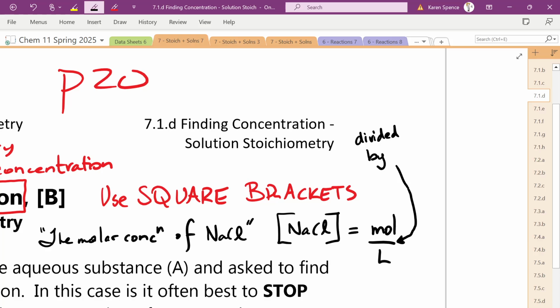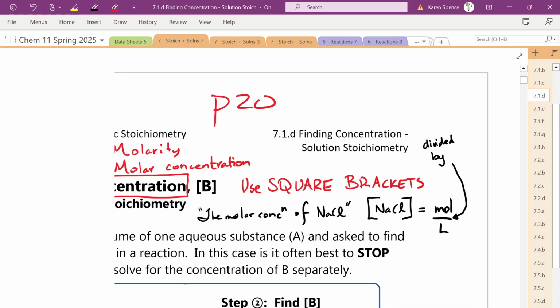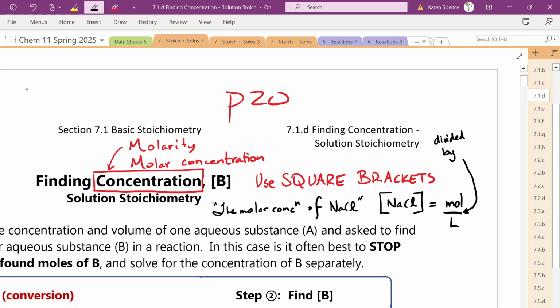Now, if we remember about stoichiometry, when we're doing stoichiometry, what is the first thing we find? What do we find in step 1? Step 1, find moles. Step 2, find moles.